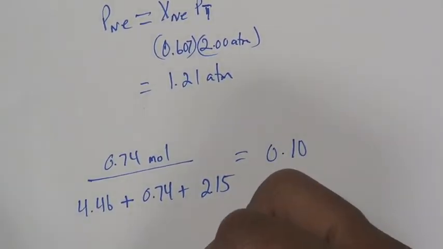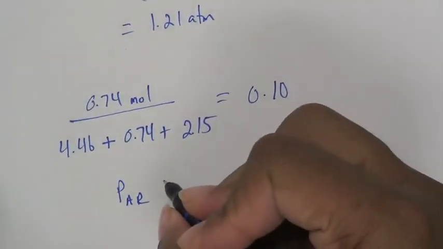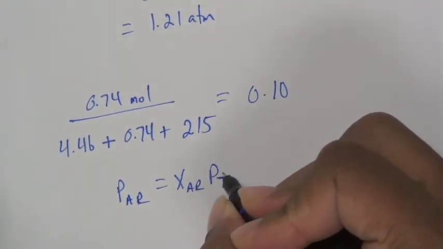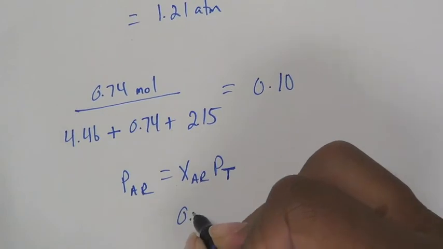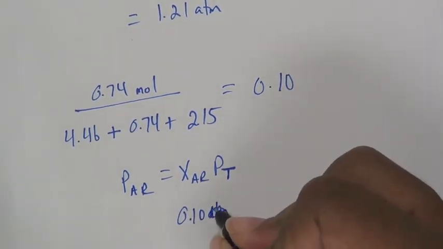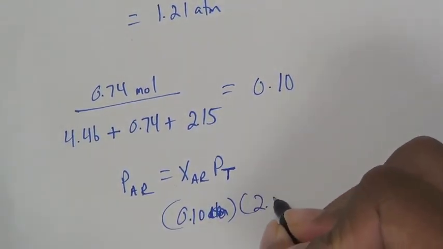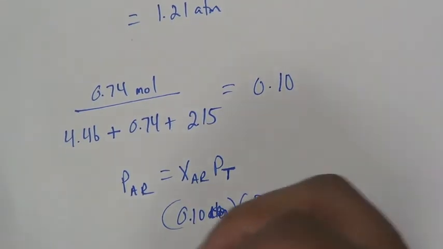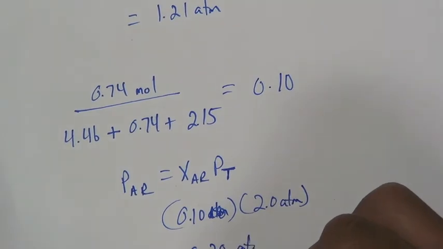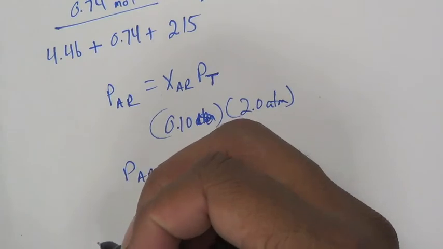So that's the mole fraction. Now the partial pressure of argon is equal to the mole fraction of argon times the total pressure, which would be 0.10 times 2.0 ATM. And that'll give us 0.20 ATM.